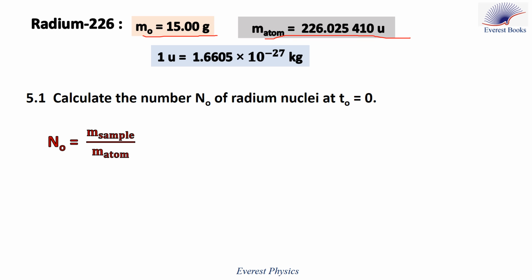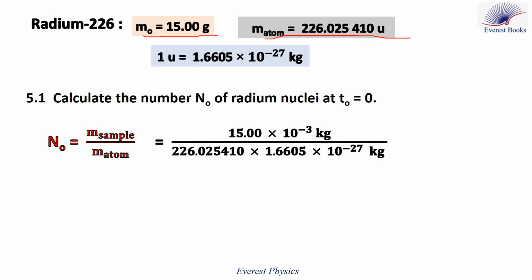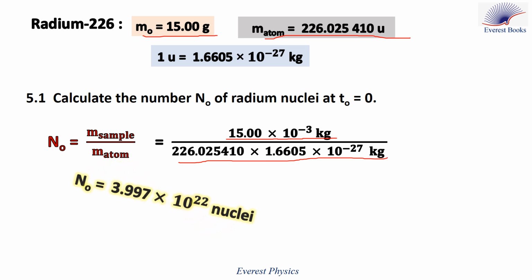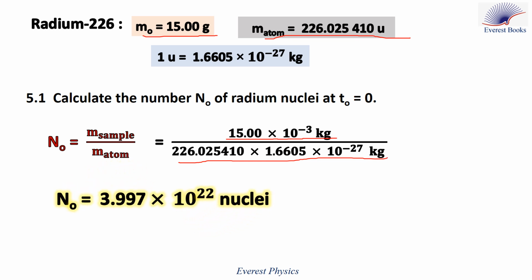This number is given by the mass of the sample over the mass of each atom. The mass of the sample in kilograms is 15 times 10 to the power minus 3 kilograms, and the mass of each atom in kilograms is equivalent to this number. Then we obtain the number of radium nuclei at time 0.